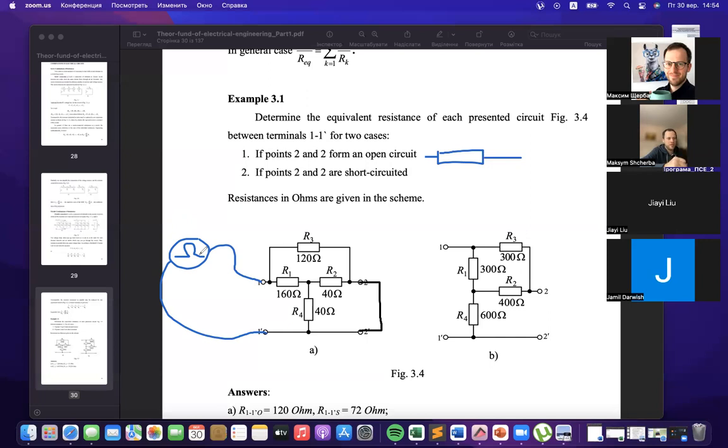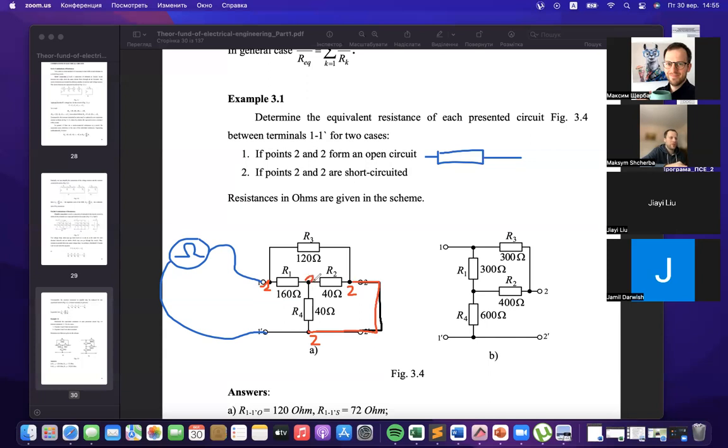We should find how these elements are connected and how they could be replaced. It can be done using the potentials. We have potential number 1 here. Then we have potential number 2 here and here, moving on a single wire.